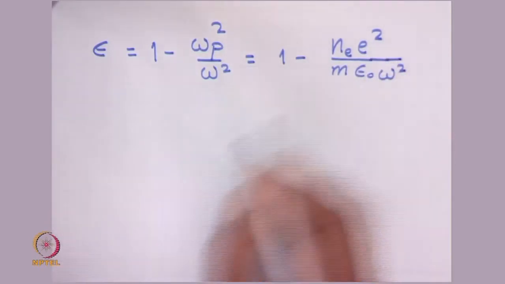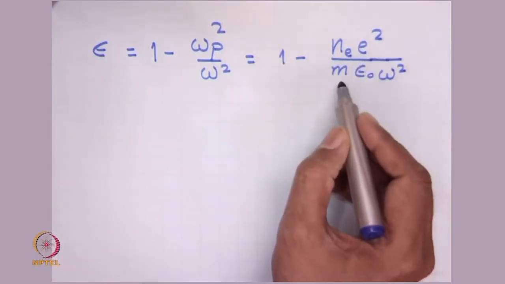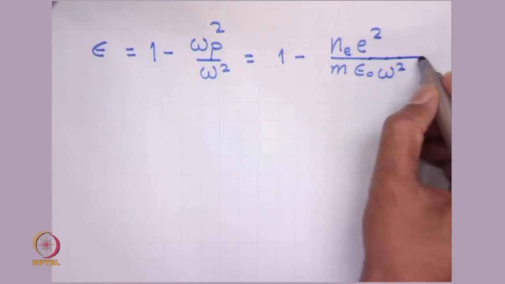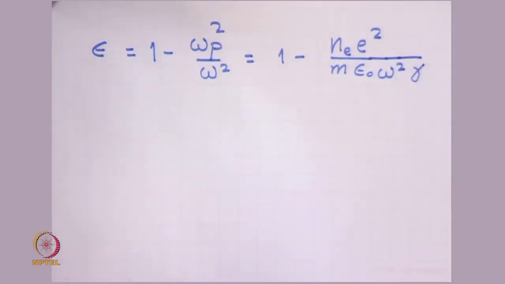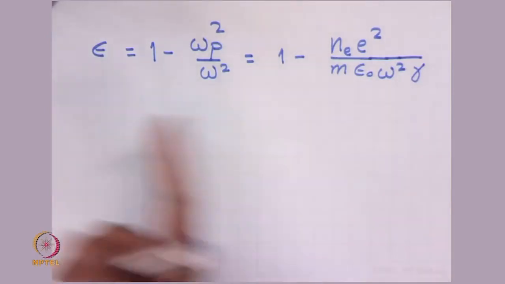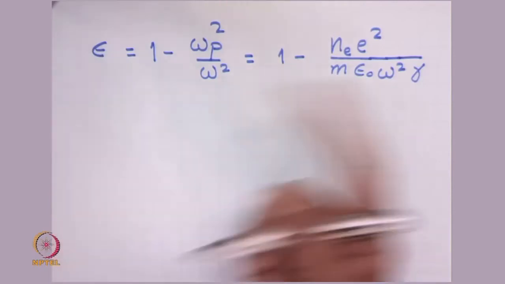Here e is the magnitude of electron charge, m is the rest mass of the electron. But now it should be modified because of the gamma factor, the Lorentz factor, so put a gamma here. Now this gamma depends on the electric field amplitude, and hence this permittivity becomes a function of electric field.